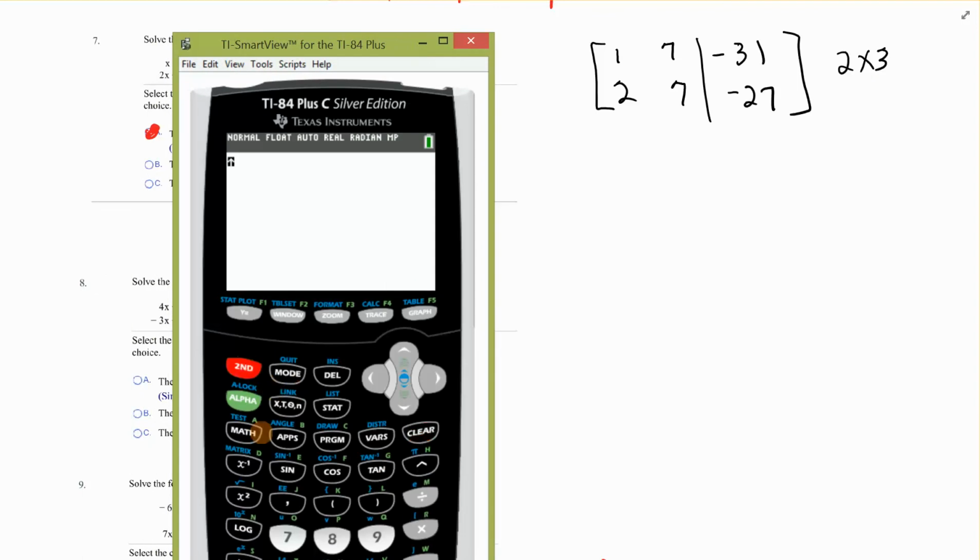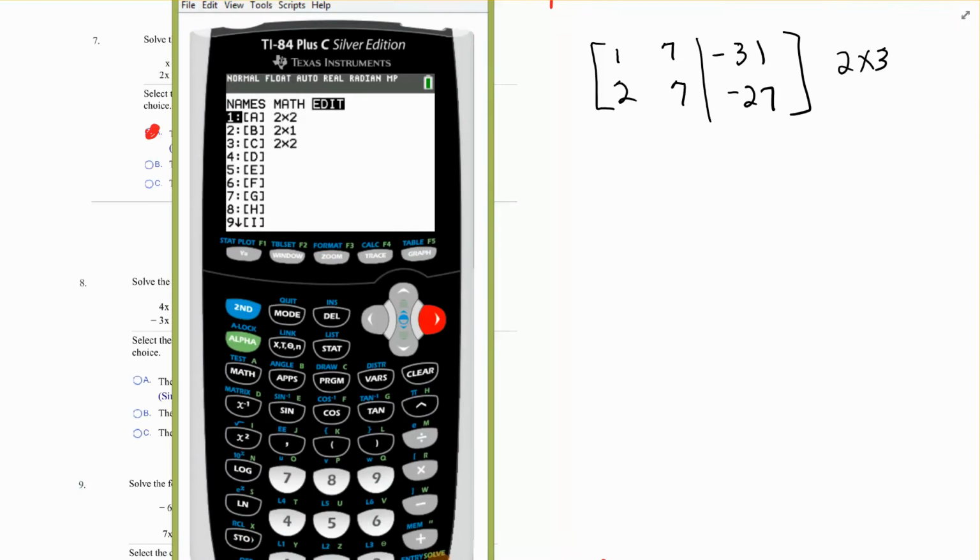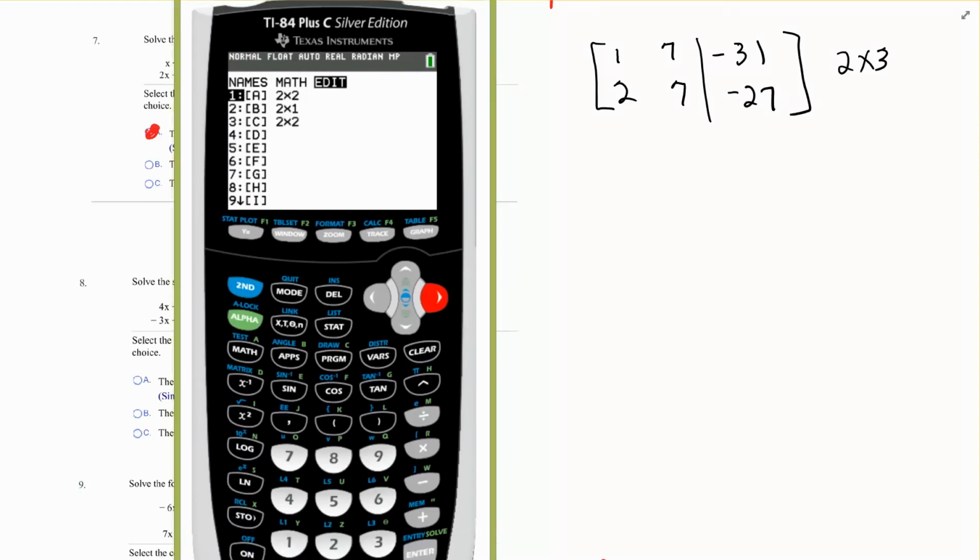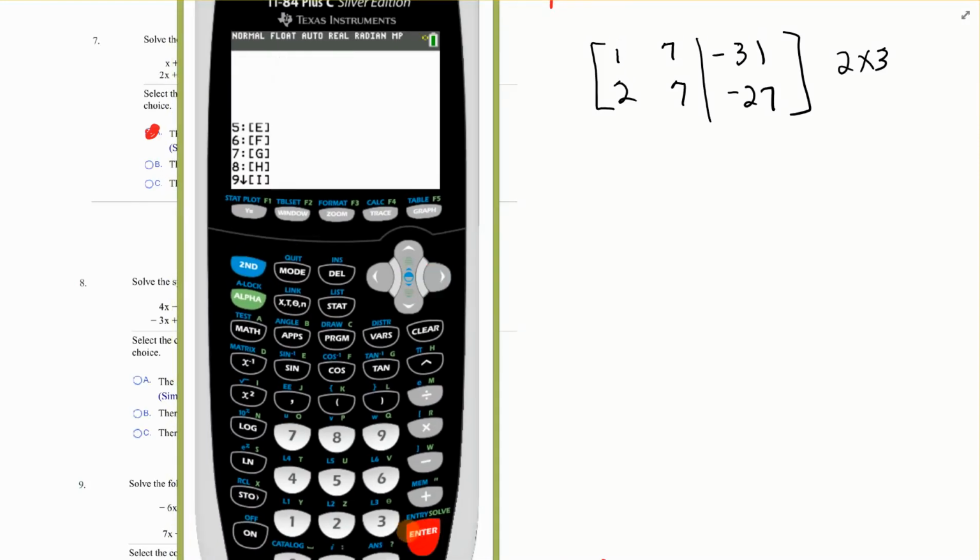All right, so second matrix, over to edit. So we have a 2 by 3. All right, and we need a 1, a 7, a negative 31, 2, 7, negative 27.